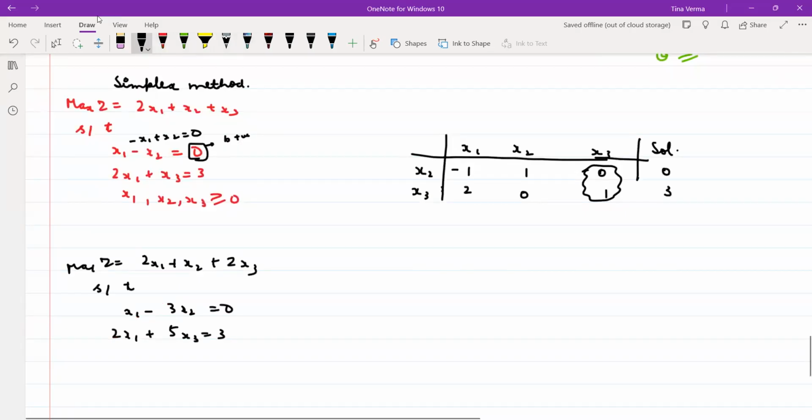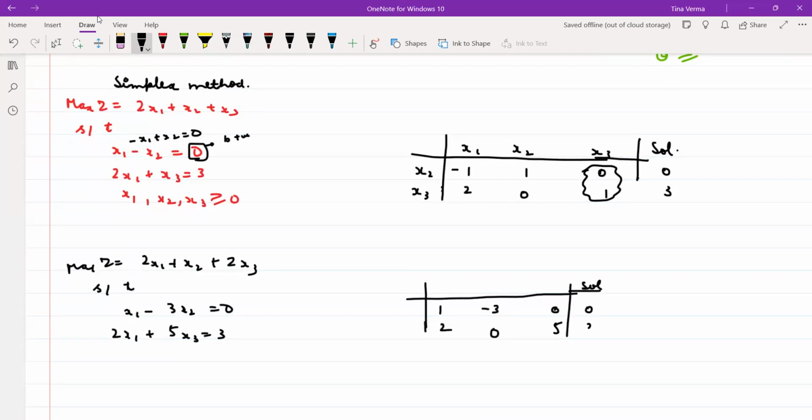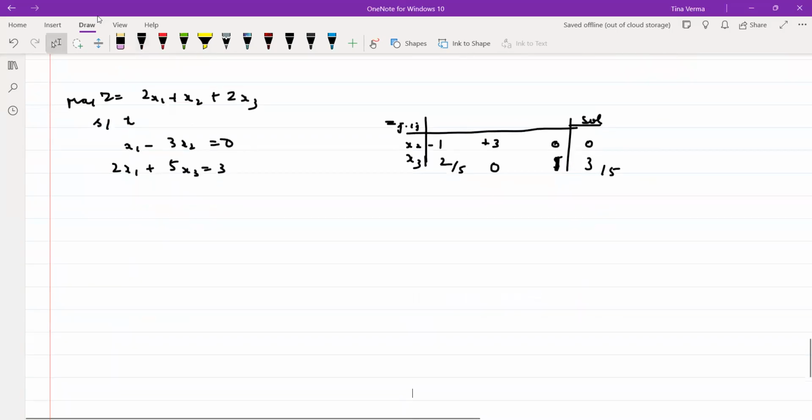When you have to start the simplex iteration, you can notice the columns: this is 1, 2, this is minus 3, 0, this is 0, 5, and the solution is 0, 3. You can make an identity matrix by dividing by 5, so this is 2 by 5, this becomes 1, and this is 3 by 5. I can have an identity matrix with x2 by multiplying with a negative sign, because it will not affect anything. Then you can calculate your zj minus cj. So these are some special cases in the simplex method.